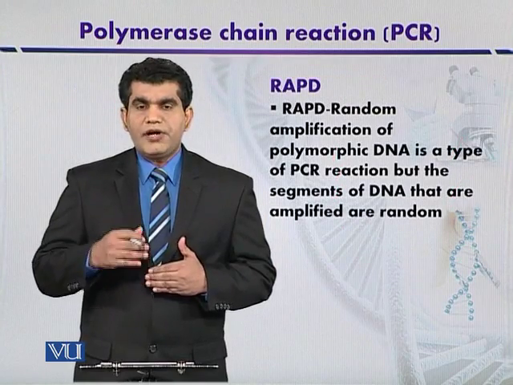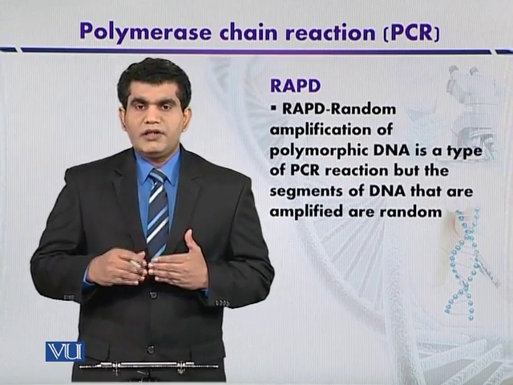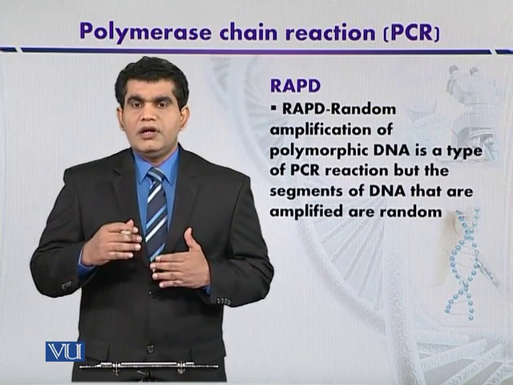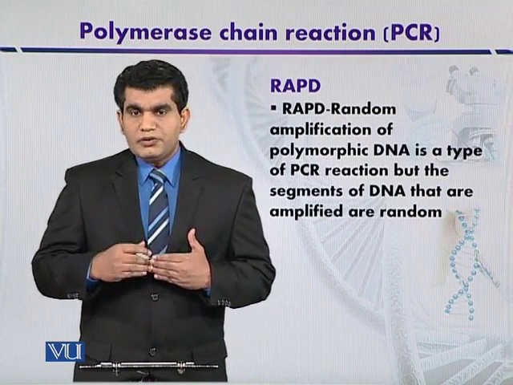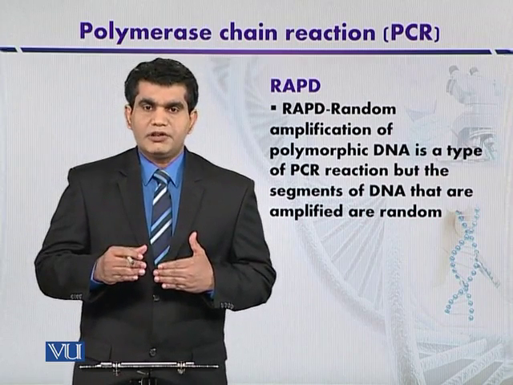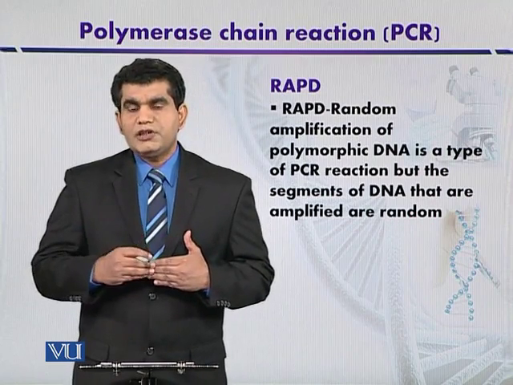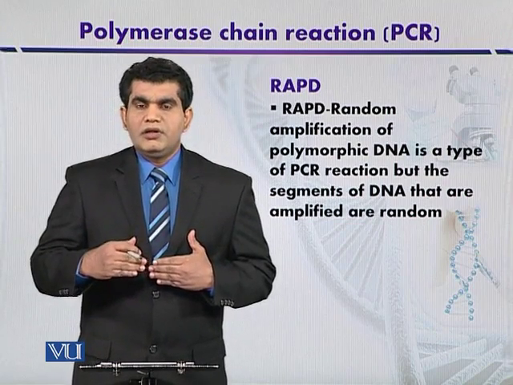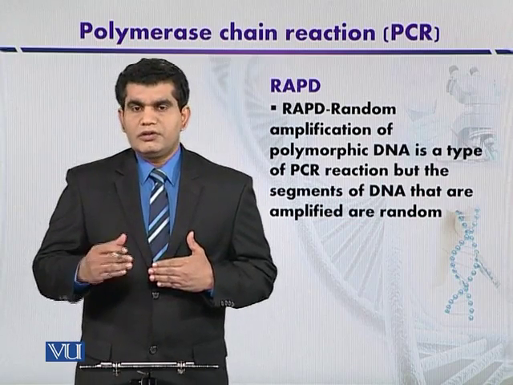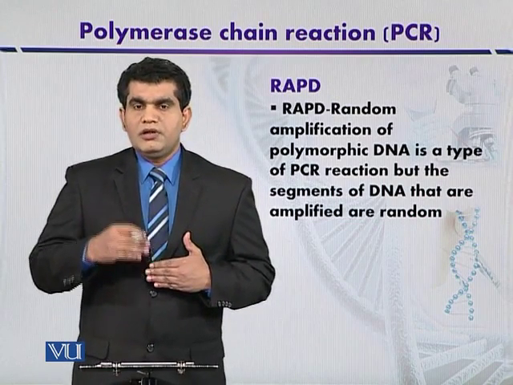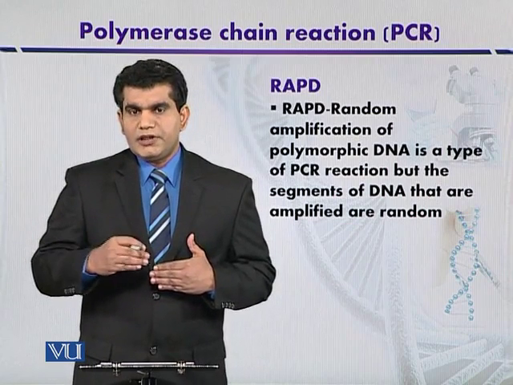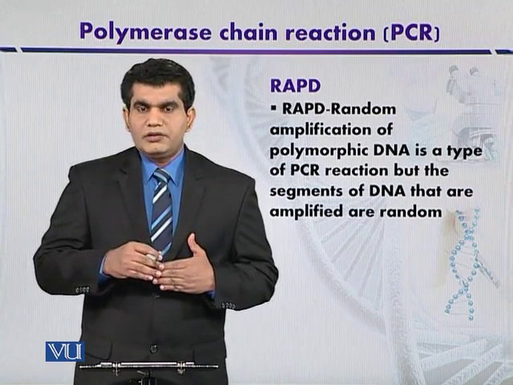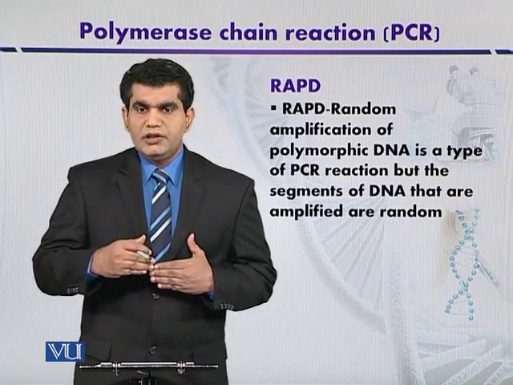So we can say that RAPD can be used to amplify DNA fragments randomly by using a set of primers that may be 8 to 12 nucleotides in length, and the DNA fragments produced after amplification can be separated on a gel. And after separation, the banding pattern of the DNA fragments will indicate whether they are related to each other or not. As in the example of the gel I showed you, the similar band pattern of amplification indicates whether microbes are phylogenetically or evolutionarily related or not.